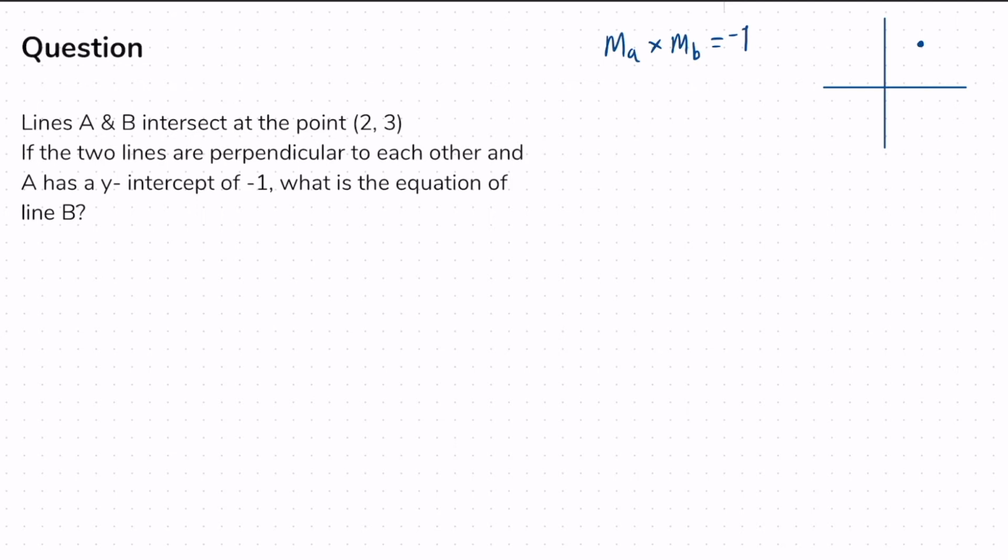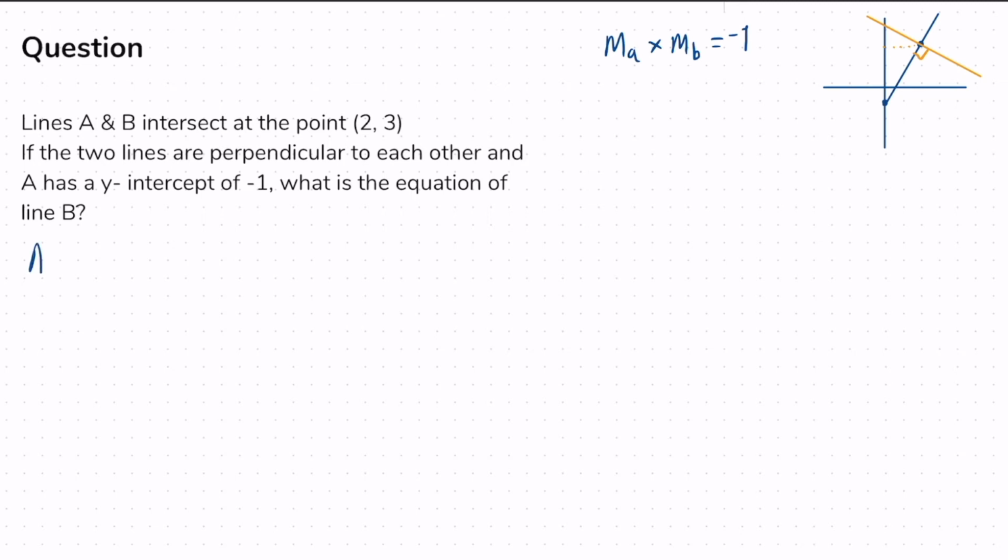It's not to scale. And A has a y-intercept of -1, so somewhere around here. If I draw that roughly, it shows me approximately where my other line is going to be. It's perpendicular, that's a right angle. So I know that line B is going to have a c that is greater than 3, and it's going to have a negative gradient. I'm going to use this to check my thinking later on.